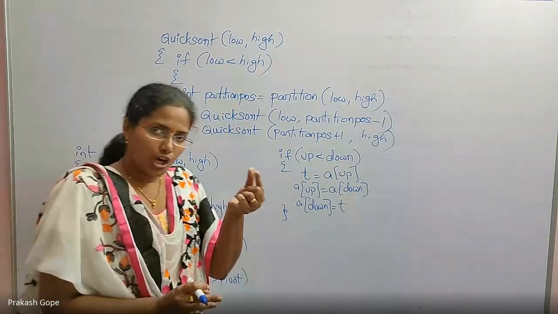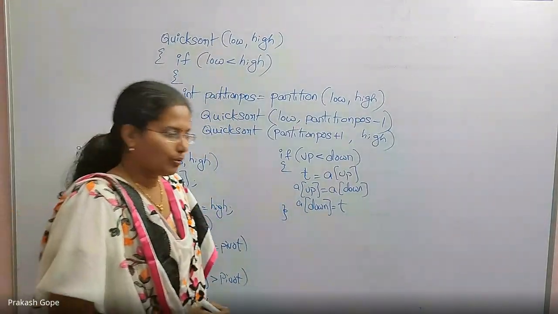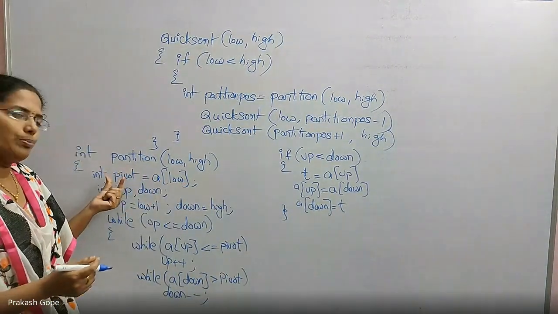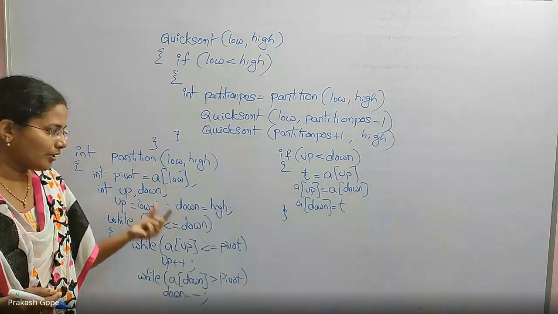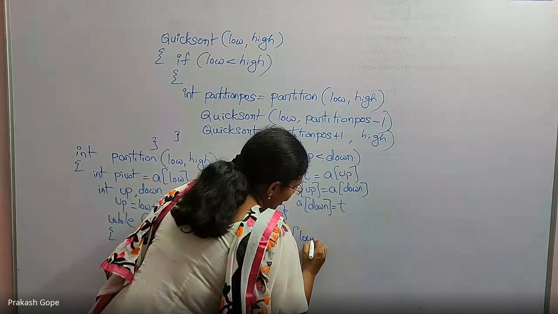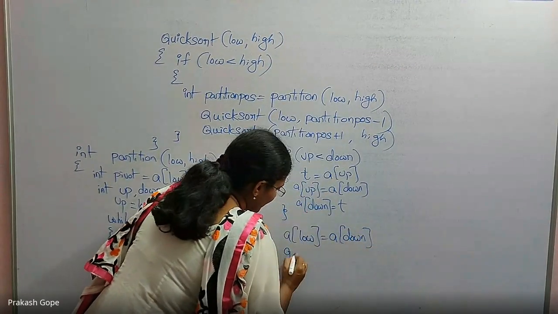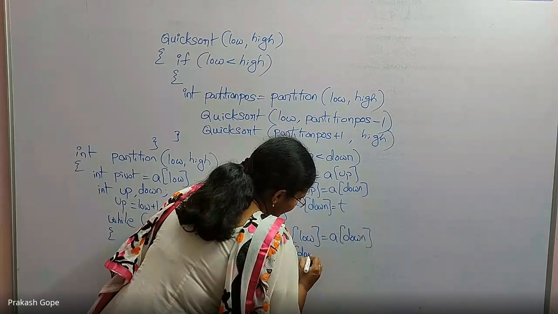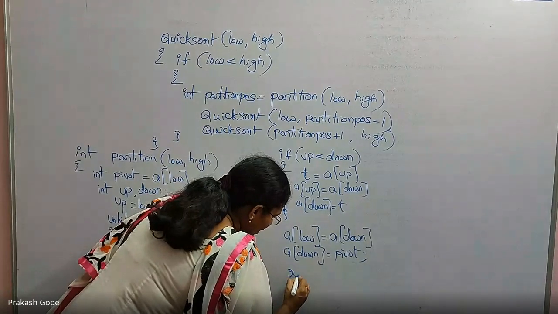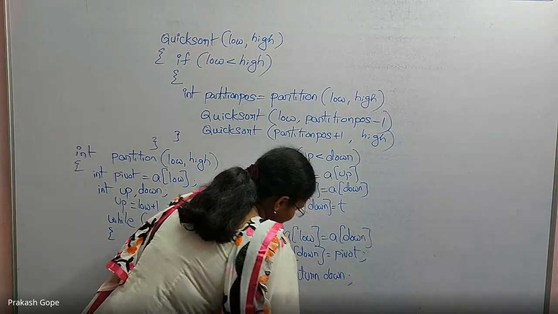Once that is done, down position is the right position for pivot. So you swap down element and pivot element. Okay. So already you kept A of low into pivot. Low is the position. So into A of low, I will keep A of down element, and in A of down, I will keep pivot element. Finally, return down, because that is the right place for pivot. Return down.